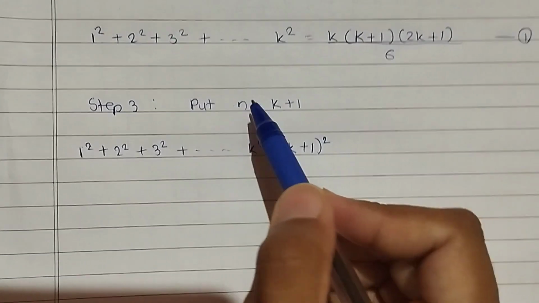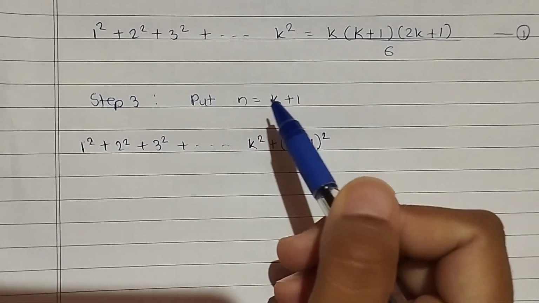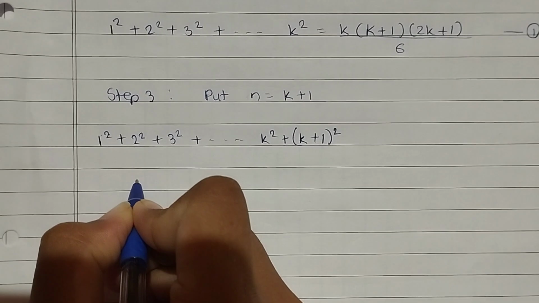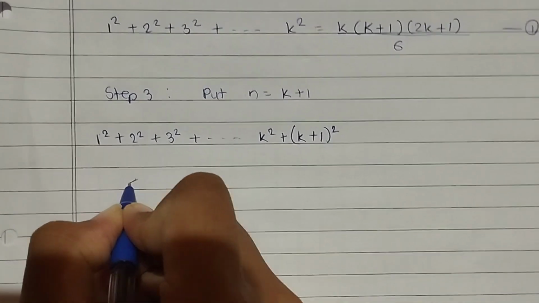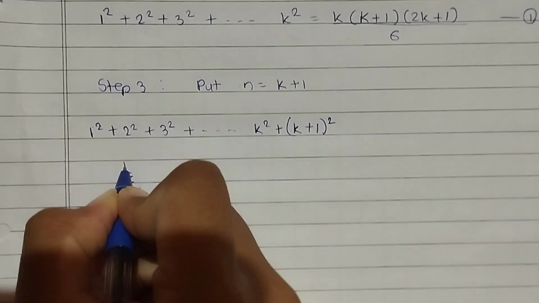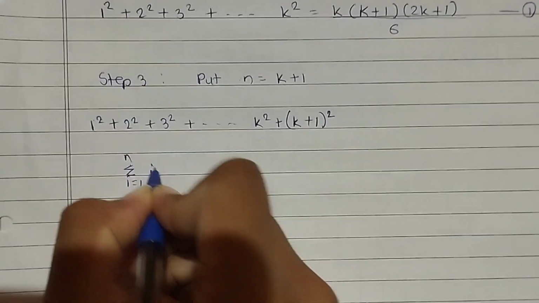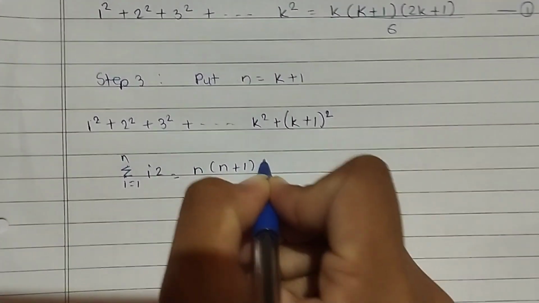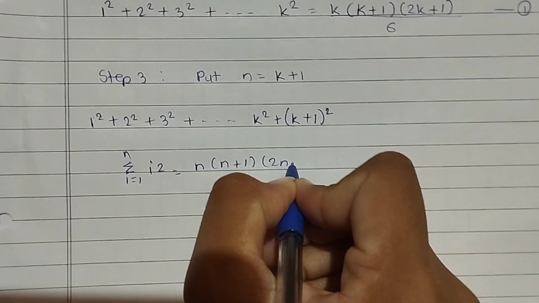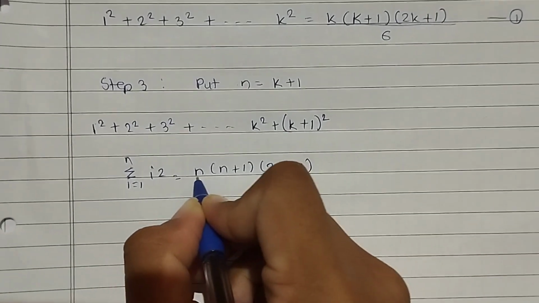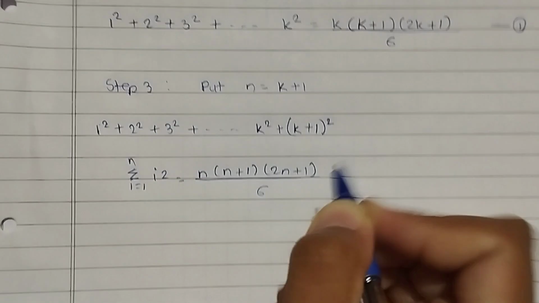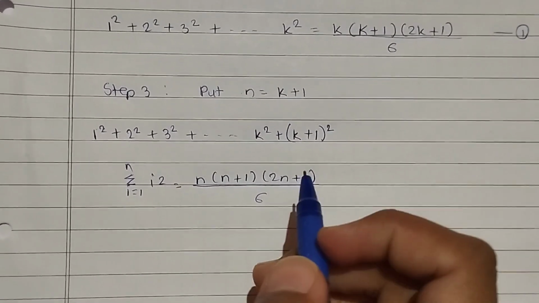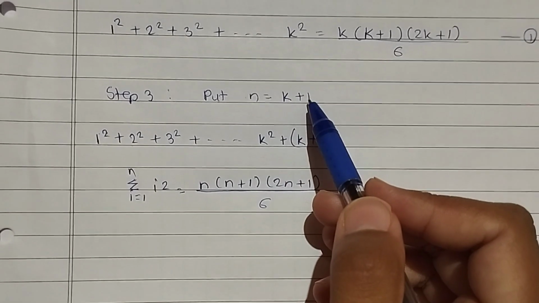Because our original equation, as we all know, is the summation of i equals 1 to n of i square equal to n into n plus 1 into 2n plus 1 divided by 6. This is our equation, and we put n equal to k plus 1.